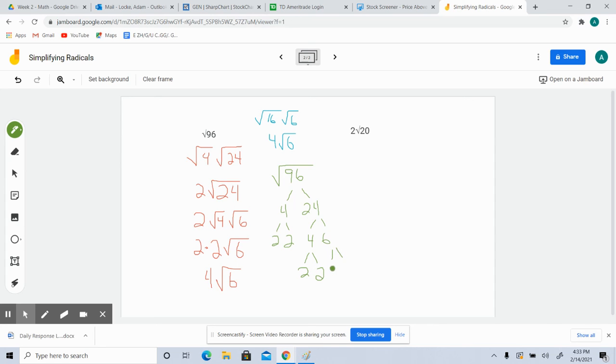And 6 into 2 and 3. One of these 2s will go outside, and one of these 2s will go outside. So I get 2 times 2, which is 4, and inside will be a 2 and a 3.